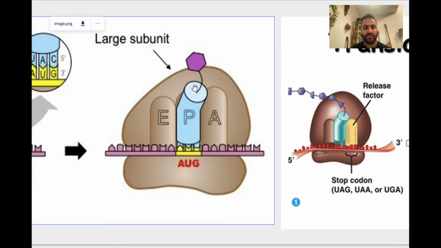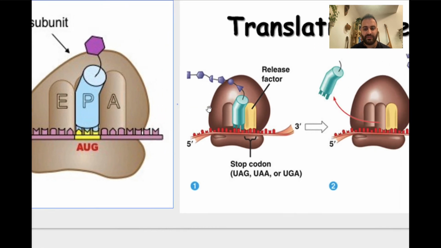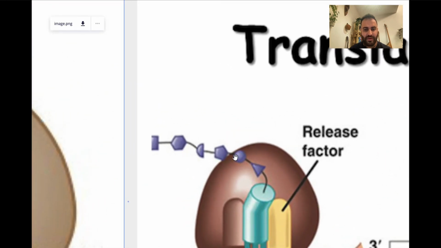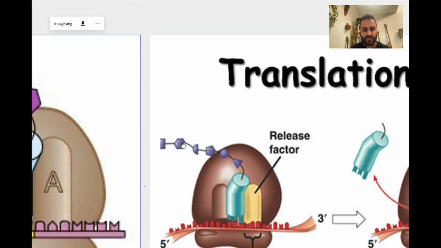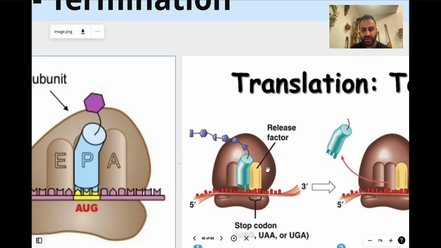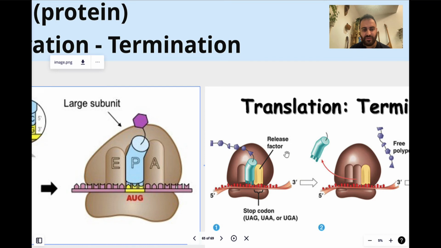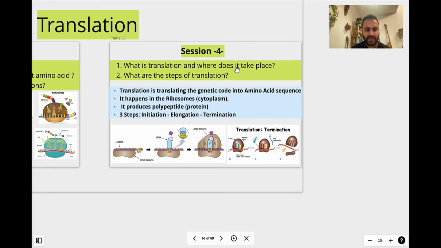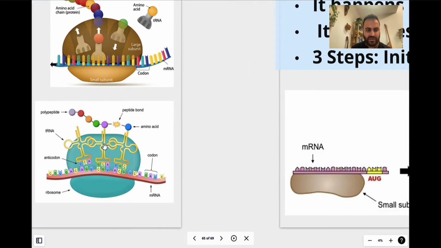So this is where the tRNA will go, and a new one will come carrying a new amino acid. So look at that. There will be an amino acid sequence growing, and those are the tRNA. This process is going to continue. More amino acids are going to be added until there is a stop codon.